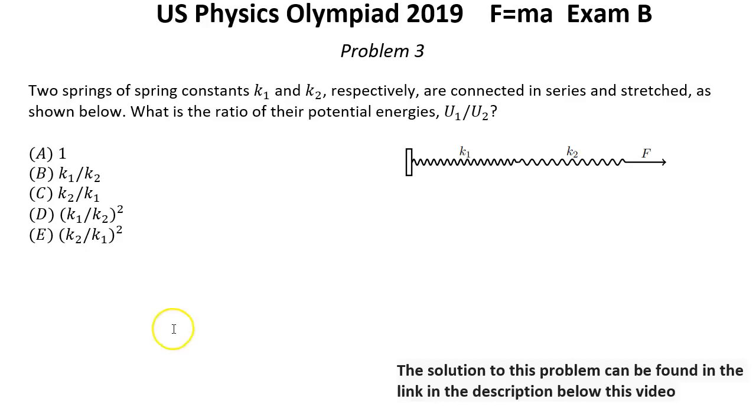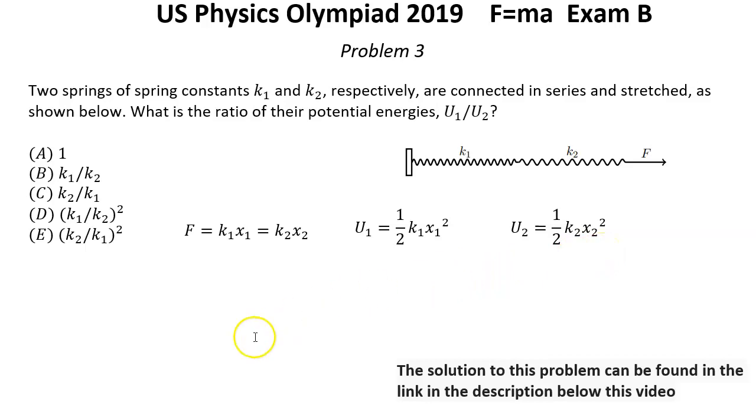First, we can write the equation for force F. That's equal to K1 x1 plus K2 x2, where x1 and x2 are the extensions of the first and second springs. Second, we can write equations for potential energies. U1 equals 1/2 K1 x1 squared and U2 equals 1/2 K2 x2 squared.